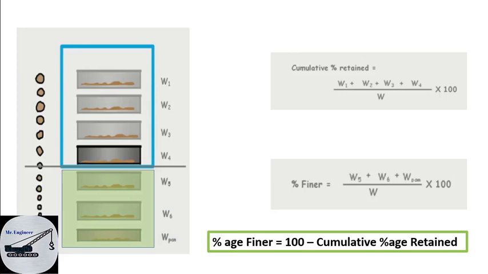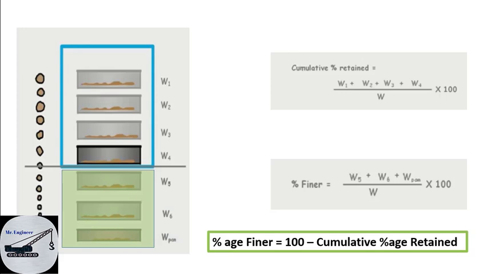Percentage finer is the weight of the total portion of the soil which is retained on all the sieves below that particular sieve divided by the total weight of the soil taken multiplied by 100.